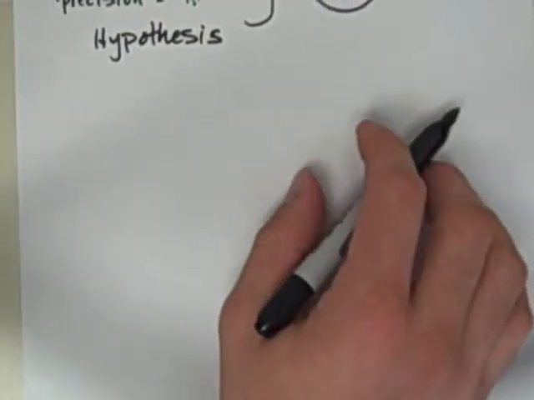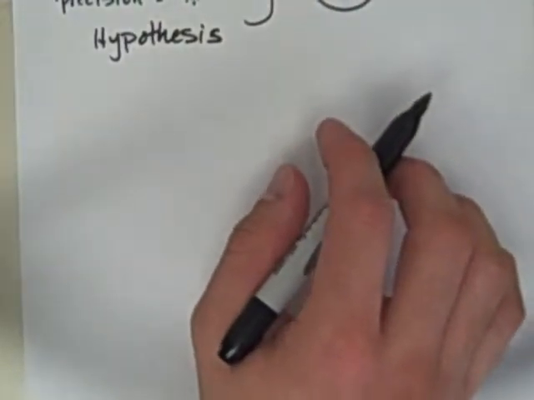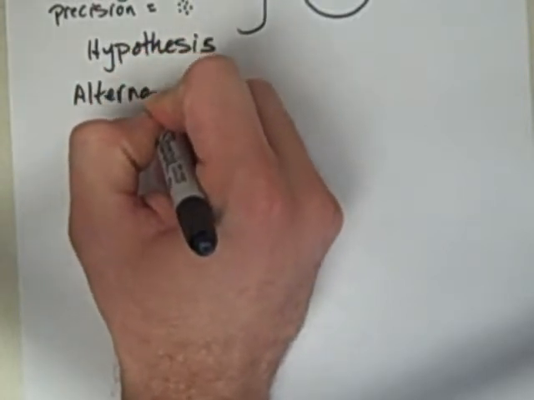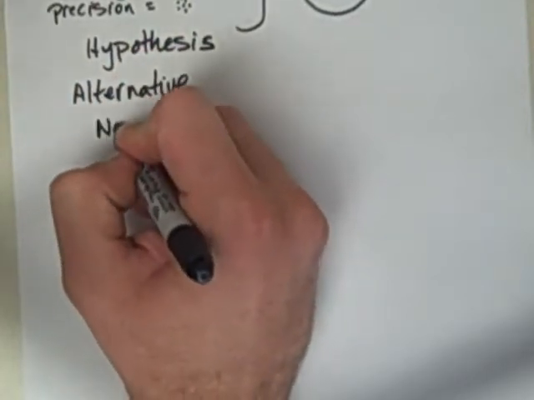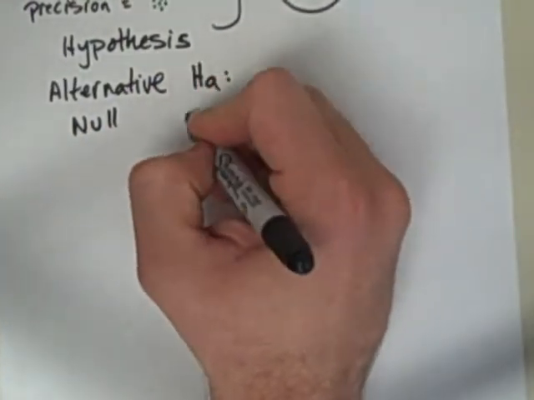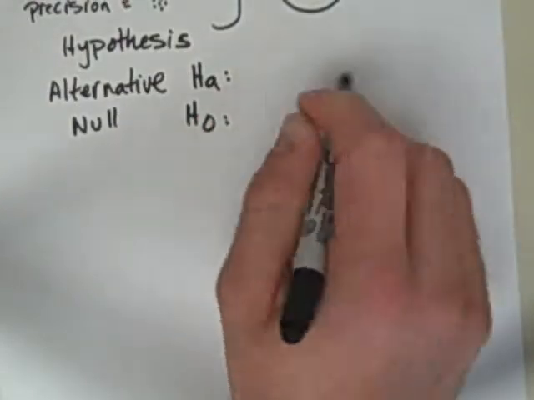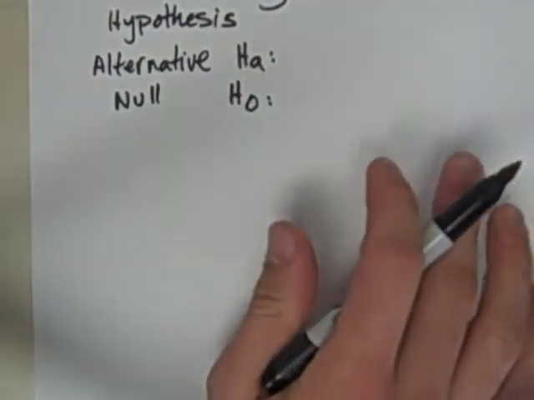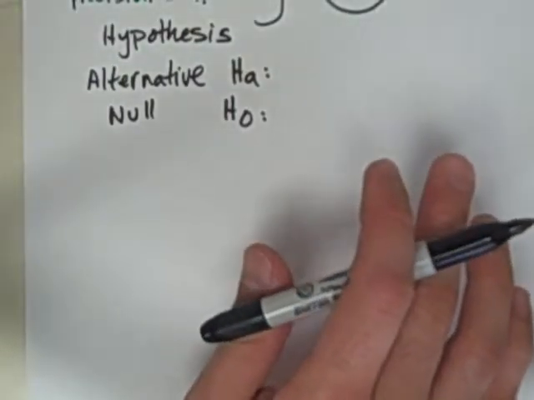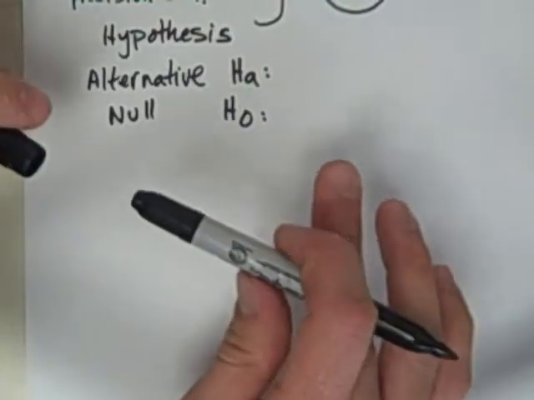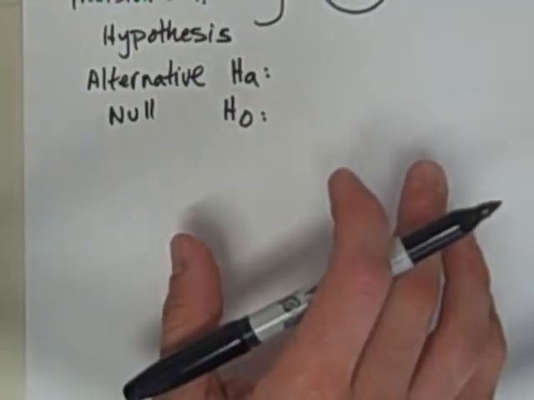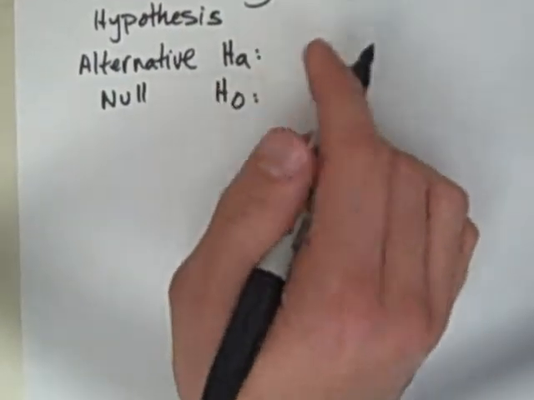In CLS 3302, as is the case with most statistics, we have an alternative and a null hypothesis. The alternative is often abbreviated HA and the null H0. For a very long time, this whole idea of a null and an alternative hypothesis boggled my mind. I'm going to explain the way I understand it, and I hope it doesn't mess with what you've already put into your brain.